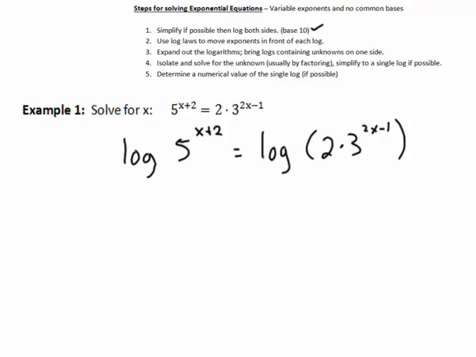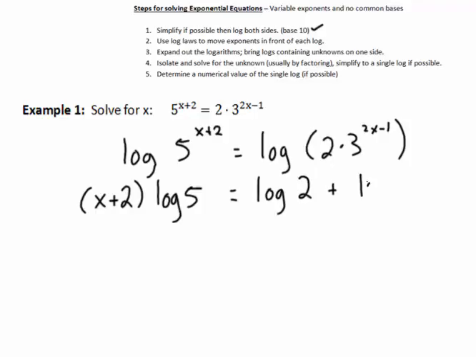Now we're going to use our log laws to move the exponents down in front. So the first exponent, and this is where we have to be careful, the exponent is x plus 2, and that will come down in front of log 5. For the other side of the equation, though, we can't bring this exponent down yet until we expand out that argument. Log 2 plus log 3 to the 2x minus 1.